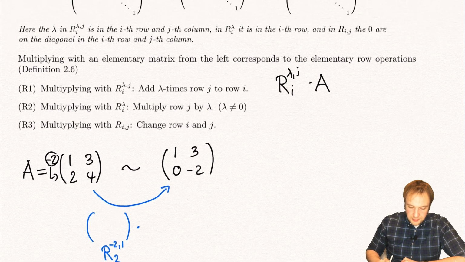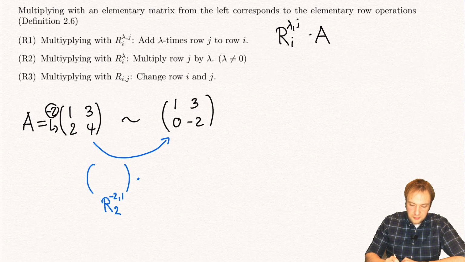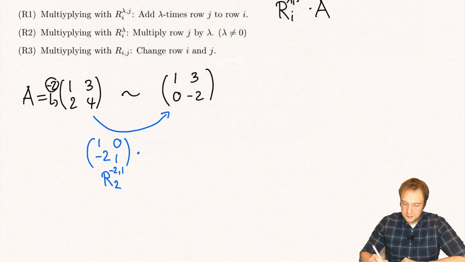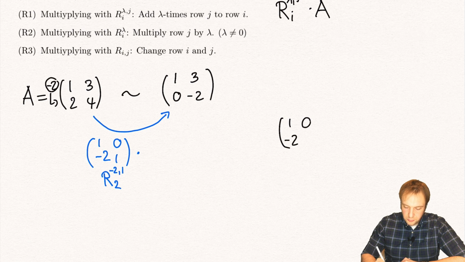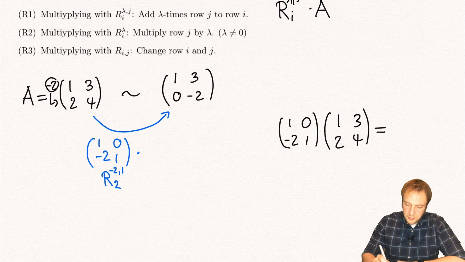And the corresponding matrix has 1s on the diagonal and a lambda there. So in this case, I have 1, 0, minus 2, 1. So let's check this. If I multiply this matrix 1, 0, minus 2, 1 with the matrix A, 1, 3, 2, 4, what is this?